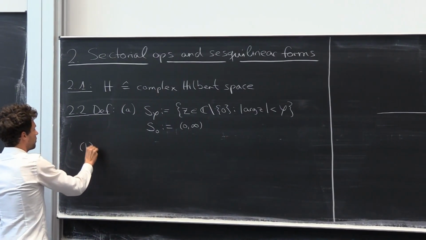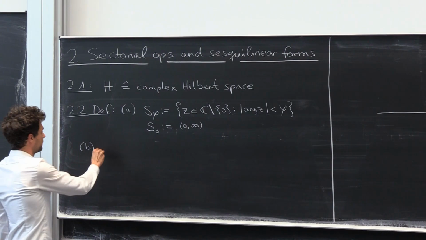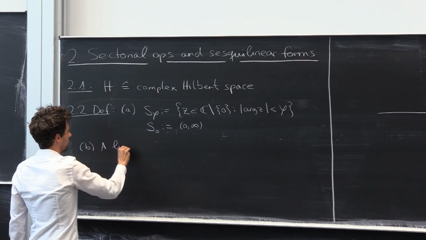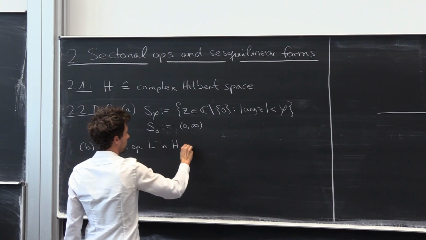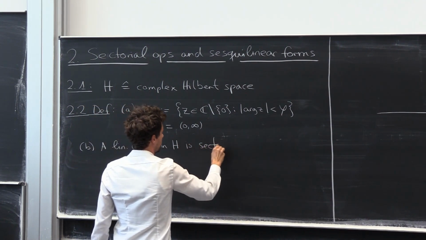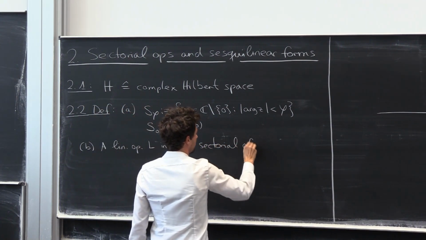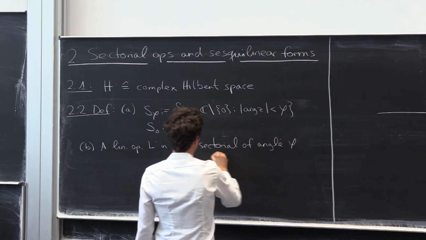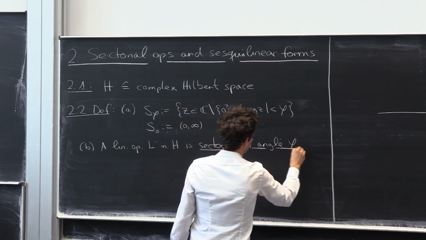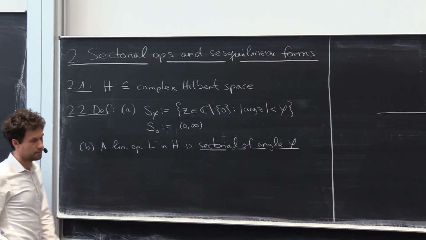Okay. And now I'm going to call a linear operator, okay, a linear operator L in H, I'm going to call it sectorial of angle phi if two things happen.